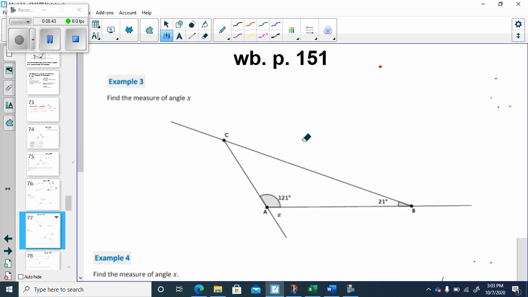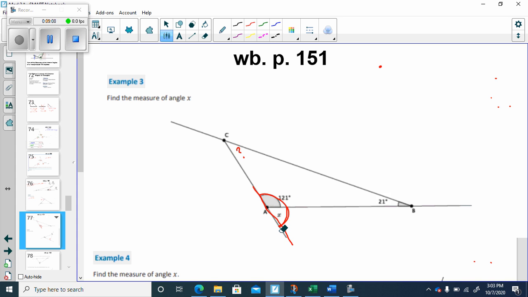Let's look at page 151, number 3. I'm looking for this angle here, X. Do I have the two remote interiors? I don't, because I don't have this angle, do I? But I've got this one. Don't these two angles form a linear pair, form a line, form a straight angle?